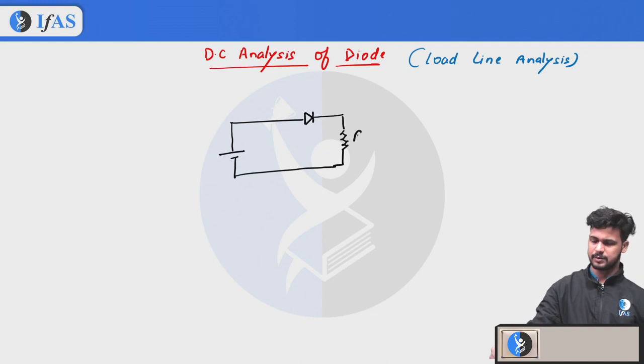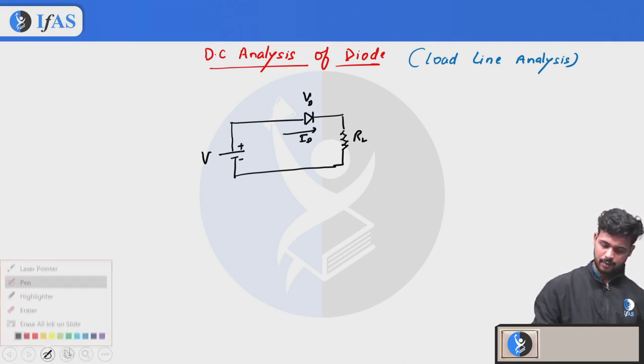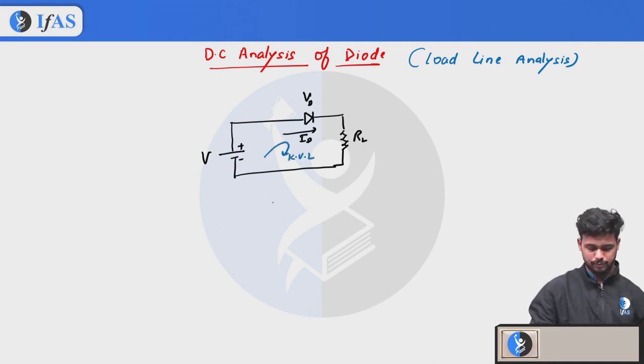This is load resistance. This is the diode with diode voltage VD and diode current ID. This is voltage V, this is current. Okay, now KVL, we are applying KVL in this loop.